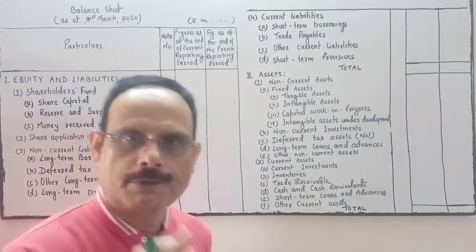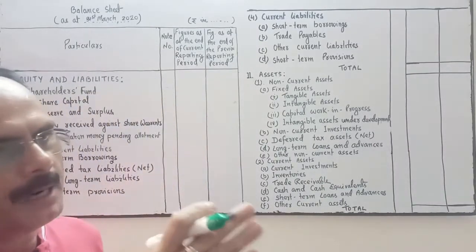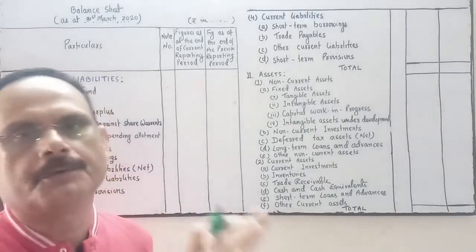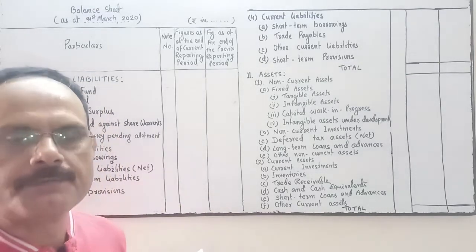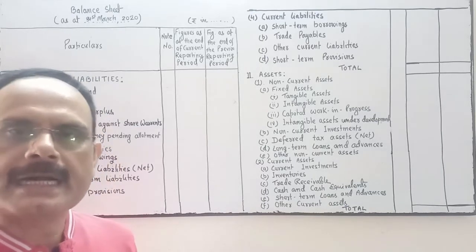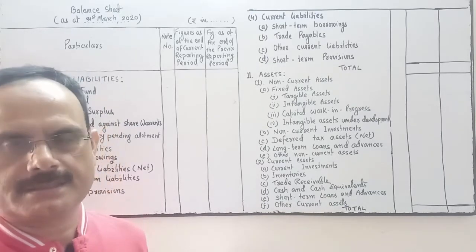In a partnership firm, we prepared the balance sheet in horizontal form. In horizontal form, the left side is your capital and liabilities and the right-hand side is your assets.